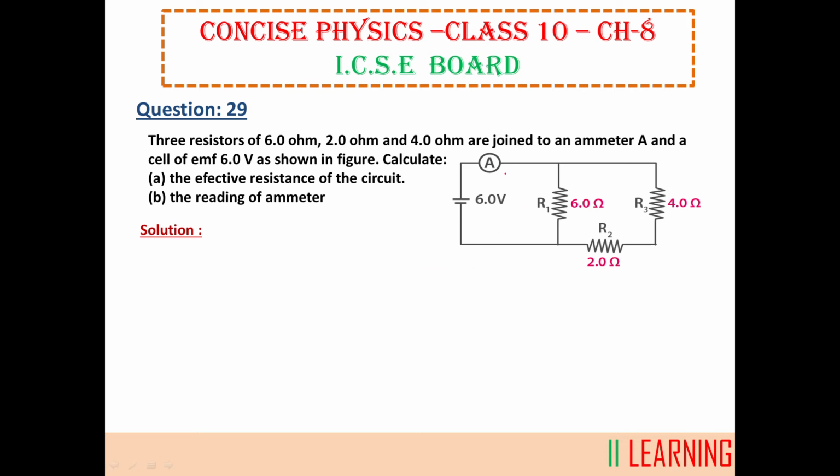Here you see, the ammeter has no resistance. This is the total voltage applied here. This is the R1 resistance. Here these two resistances are connected in series, so the equivalent resistance for these two would be 4 plus 2, that is 6 ohm, and again these two are connected in parallel with this.